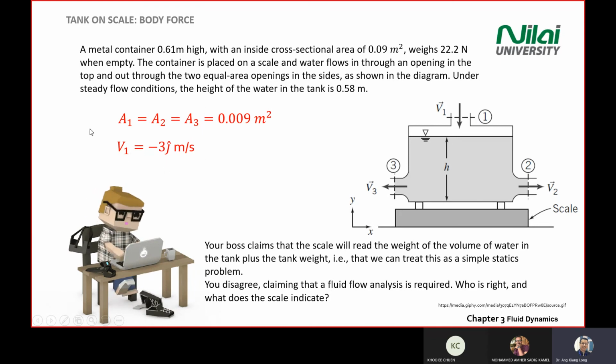To help you further understand, we put the unit vector behind the magnitude. If you see the j hat, it means the water is going along the y-axis. The negative sign means it goes down. In all cases, if you have a positive value with the unit vector, it means you're pointing out. In this case, the water is going down from inlet number 1.